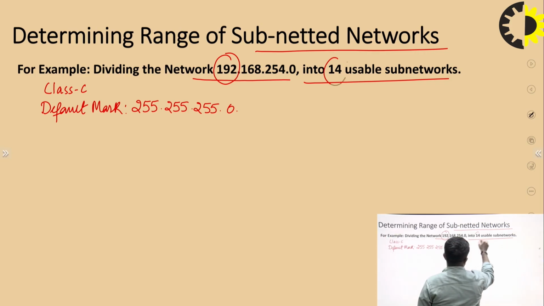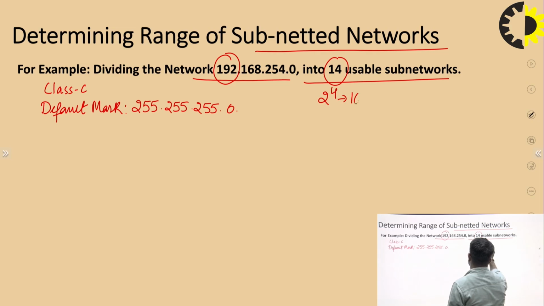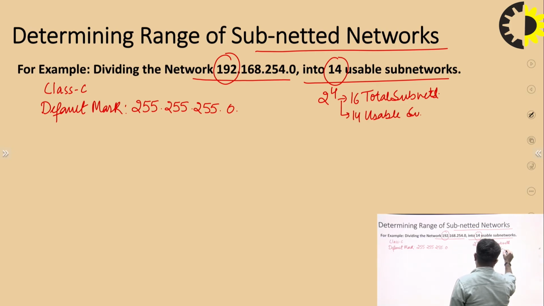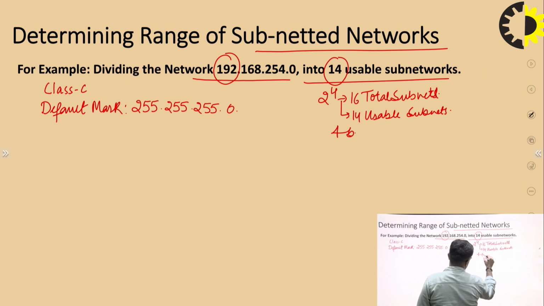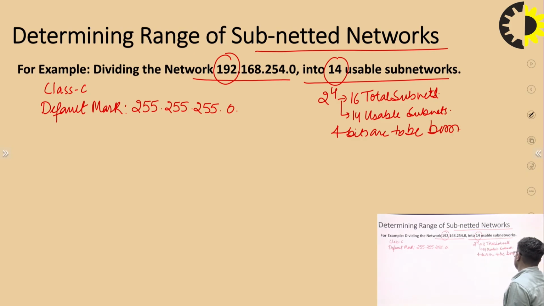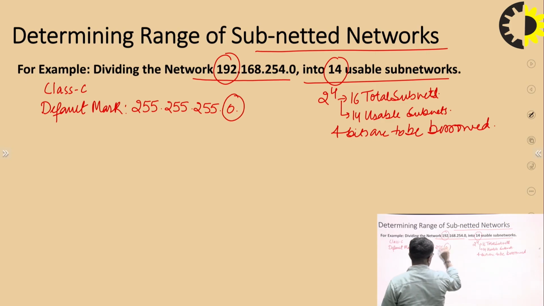But to create 14 usable subnets, that means 2 raised to power 4, 16 total subnets can be there, out of which 14 usable subnets can be there. That means 4 bits are to be borrowed from this host part.